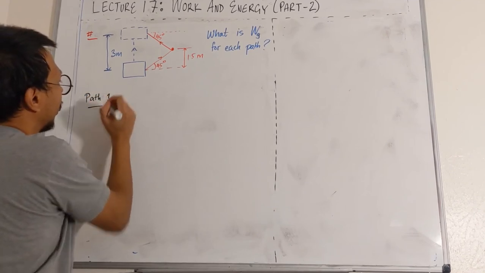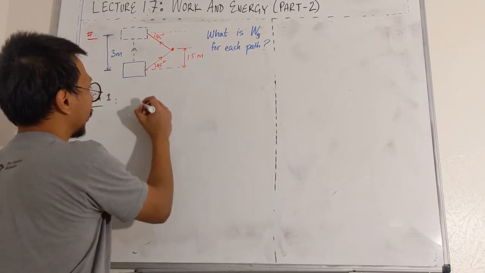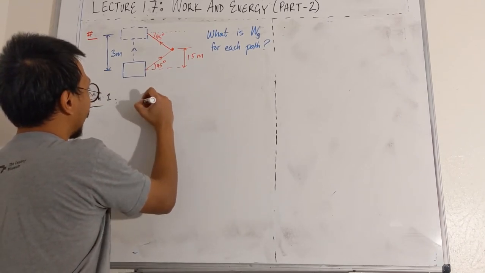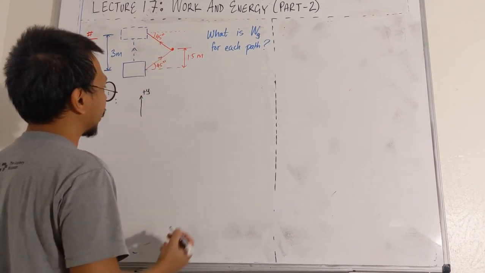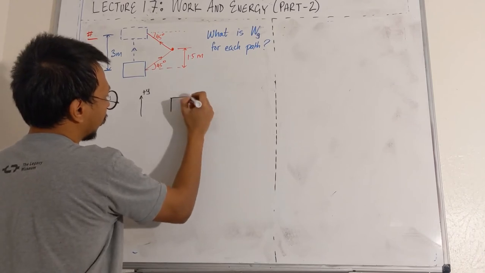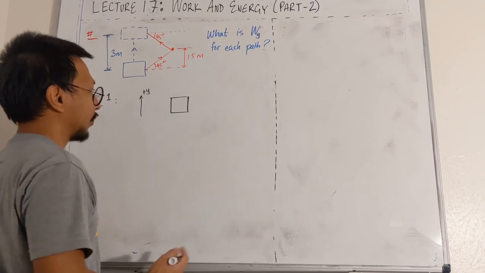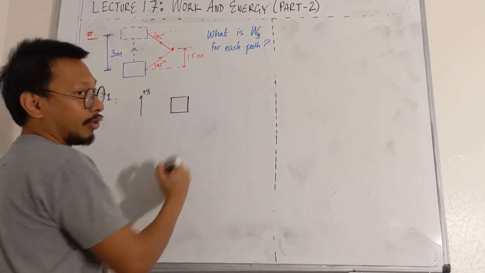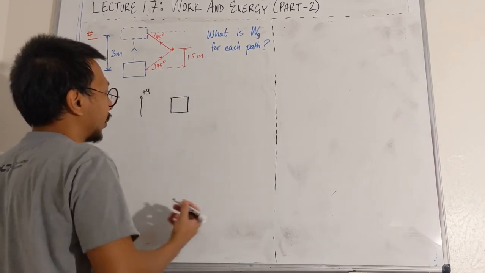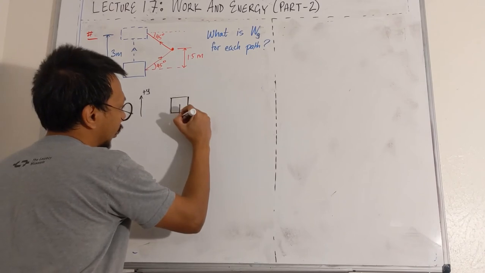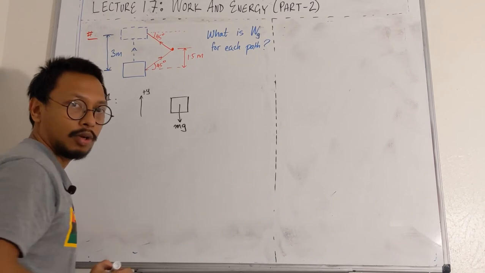For path 1, let us draw a free body diagram for the block that has already left the ground. The free body diagram will have an axis plus y. There is no horizontal motion in this case, so we don't care about the plus x axis. So what are the y forces? Well, all the forces acting on this block are vertical forces, and if we are ignoring air resistance, which we are in this case because we're investigating only conservative forces like gravity, the only force acting on this is mg, or the weight of the block.